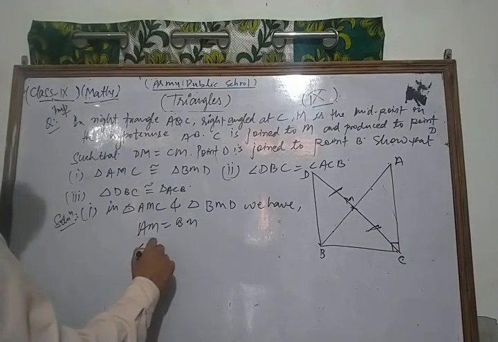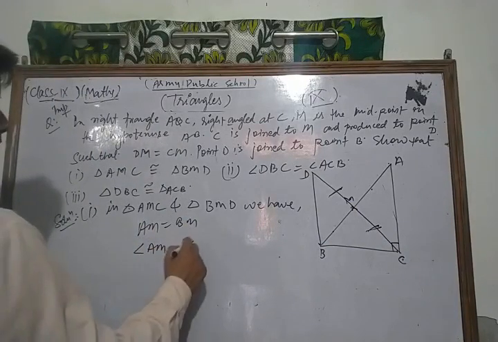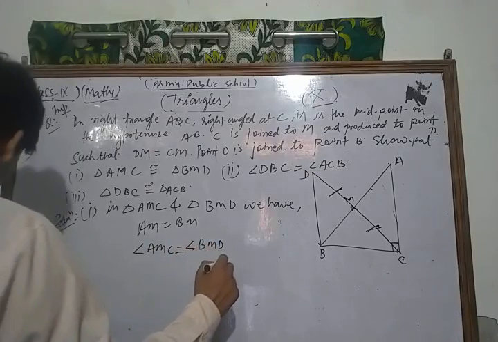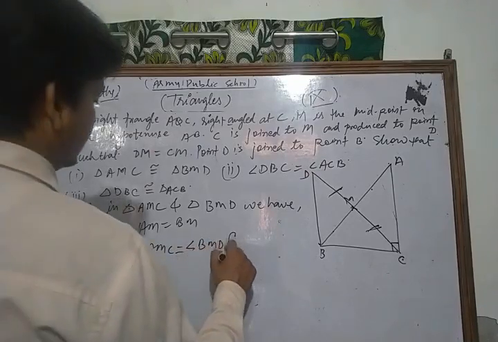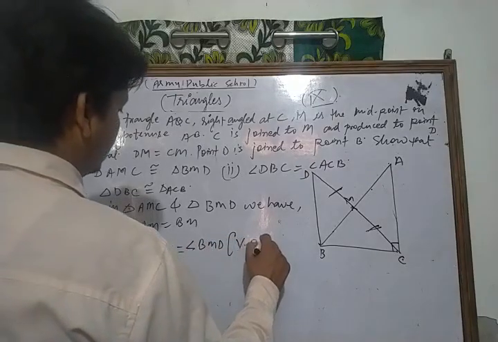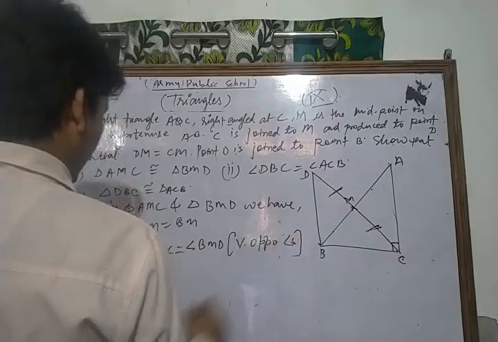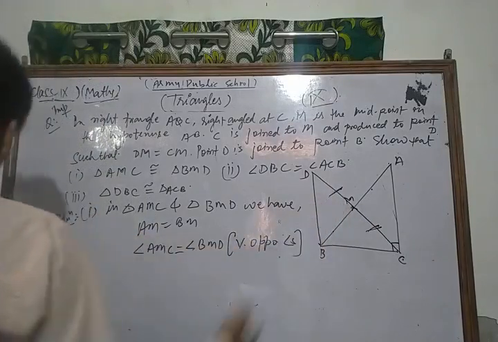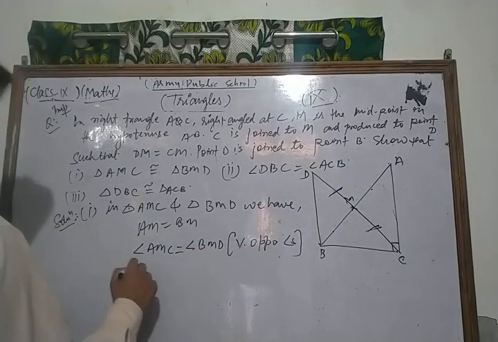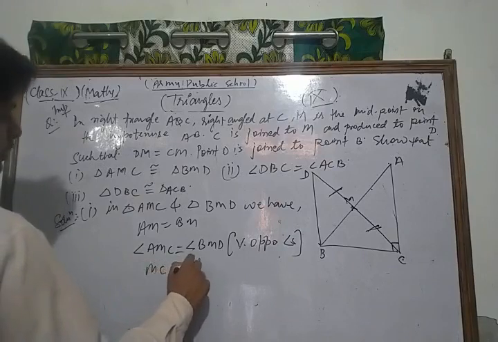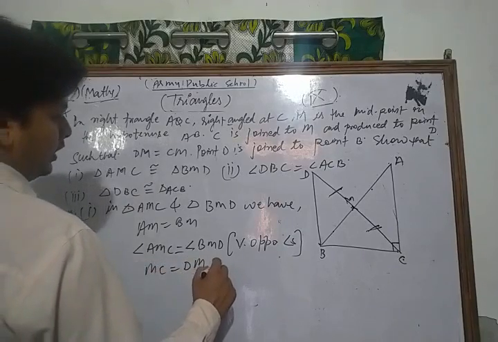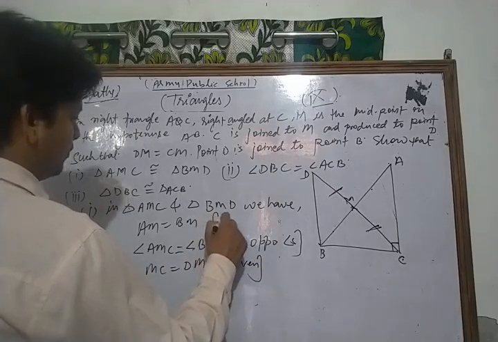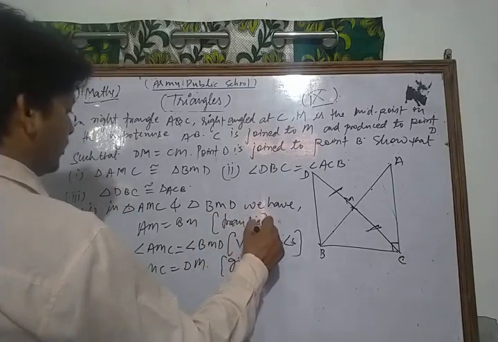Angle AMC is equal to angle BMD. These are vertically opposite angles, and also MC is equal to DM. This is given from the figure.